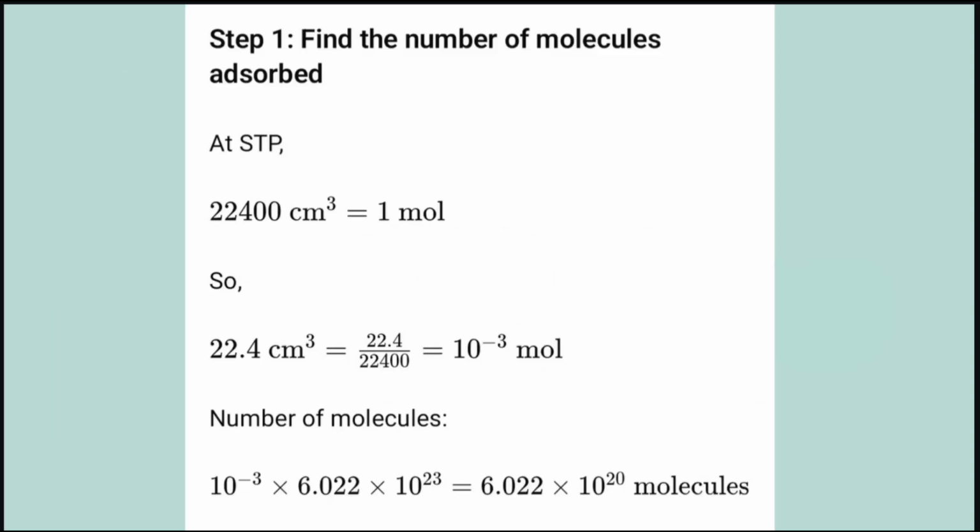Now we will solve step by step. In step 1, find the number of molecules adsorbed. At STP, 22,400 cm³ is equal to 1 mole. So 22.4 cm³ equals 22.4 divided by 22,400, that equals 10^-3 mole.